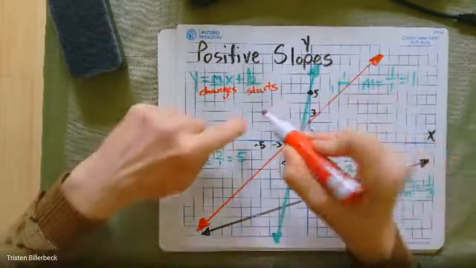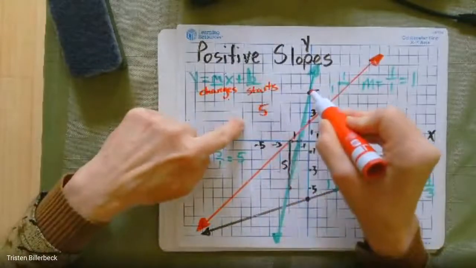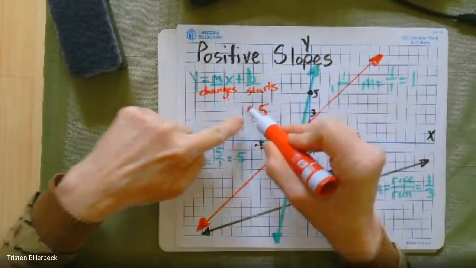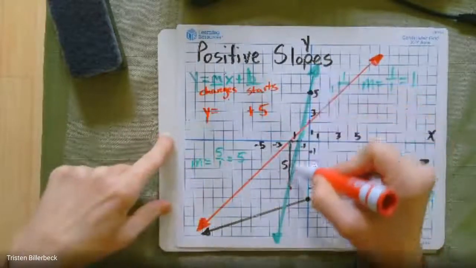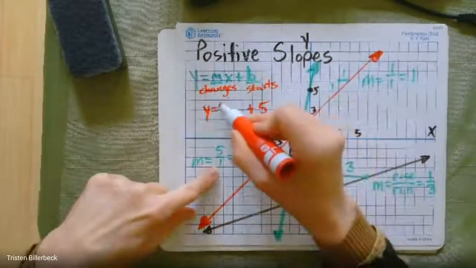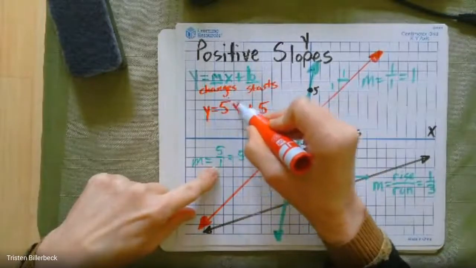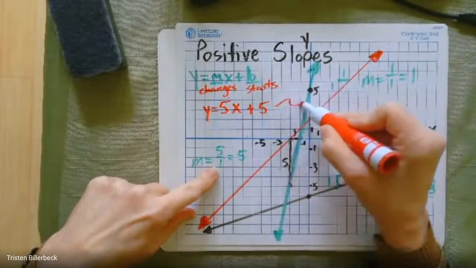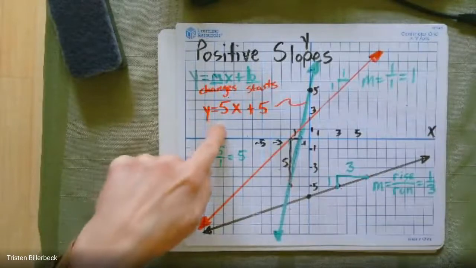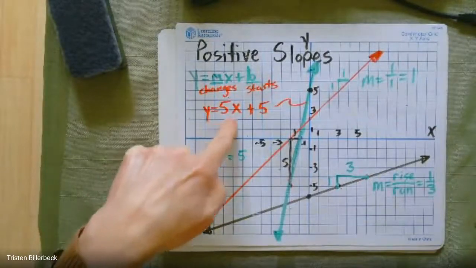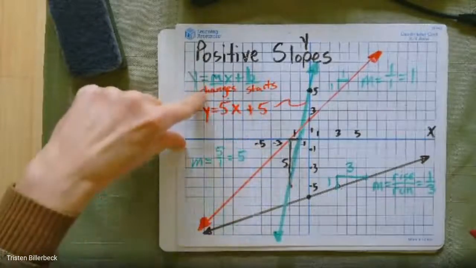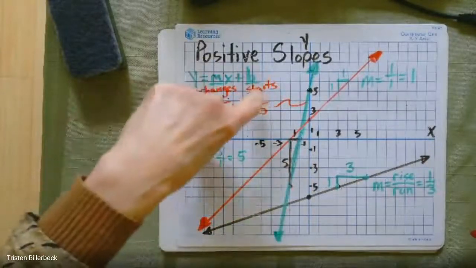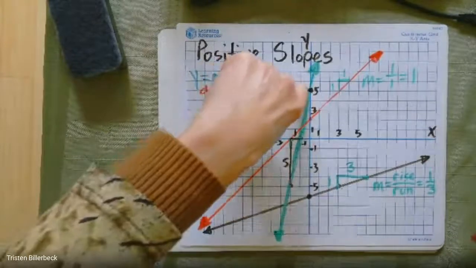So 5 is where it started, and when we write y equals, the slope for this one was 5, so we have 5x. For this particular line, the equation was y equals 5x plus 5. So we just looked at the slope, how it changes, and how it began at the y-axis.